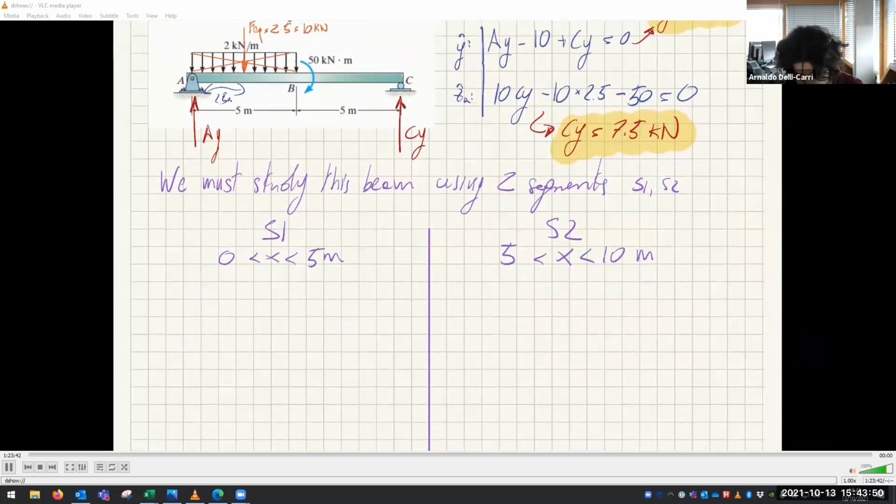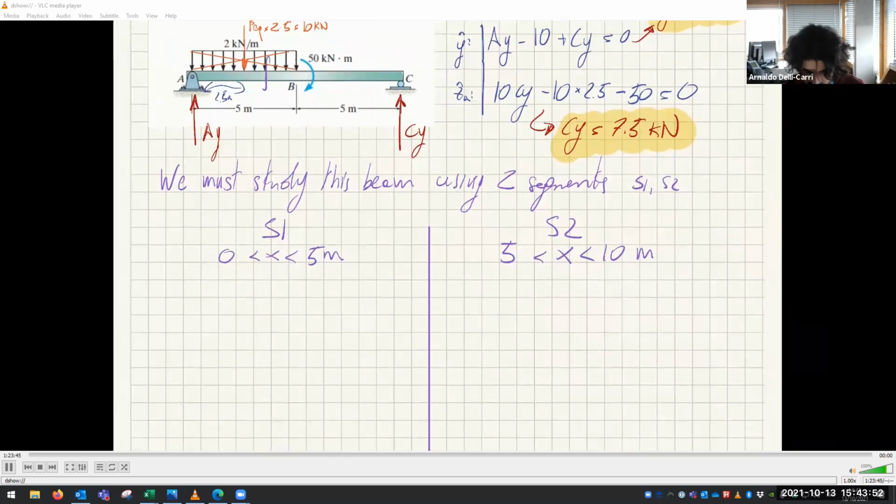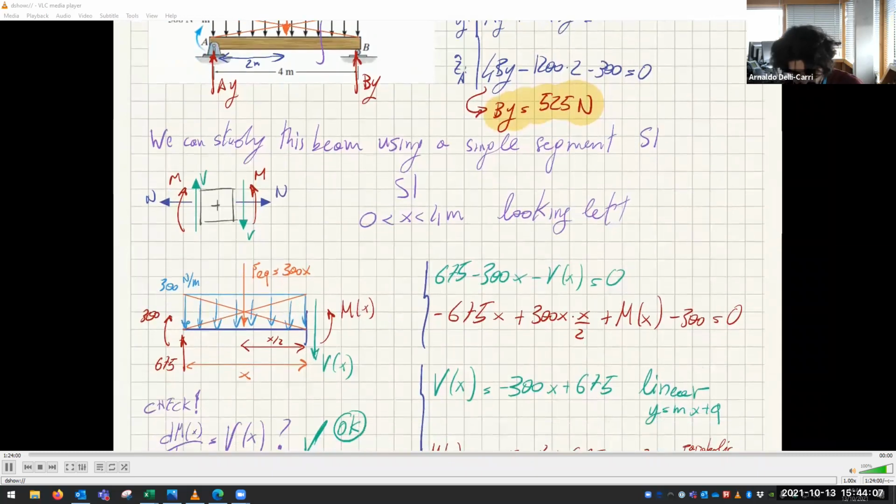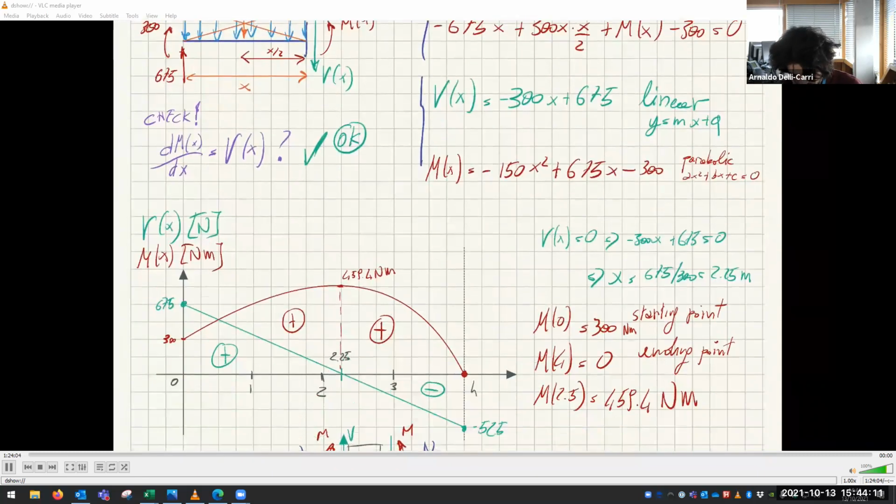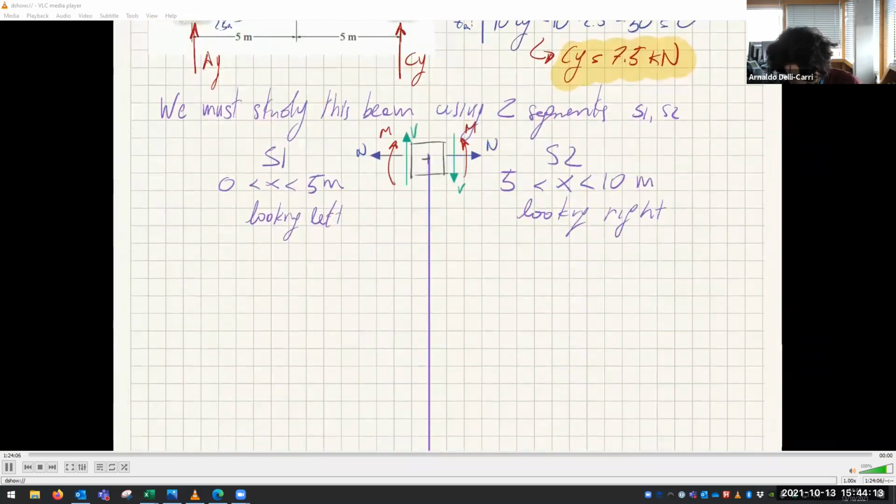So segment 1, I will look left, and segment 2, I'll look right. So looking left, and this is looking right. Let me copy the convention here.